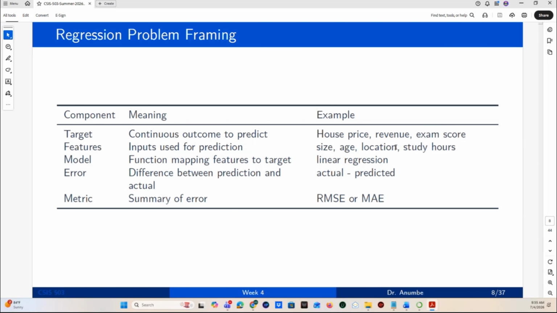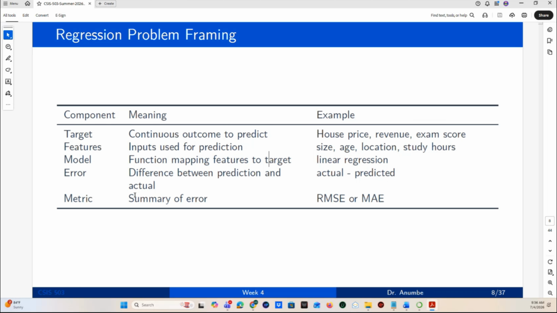If I know the location, the age, and the size of the house you're looking for, I can predict the house price, especially if I have a lot of data around the area you're interested in. So even something like the location, which is the area, is important.